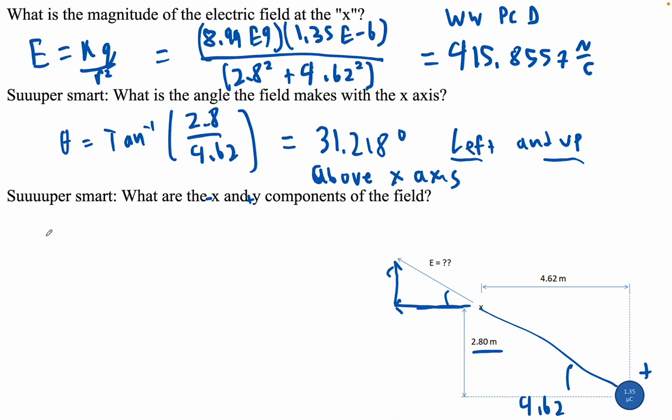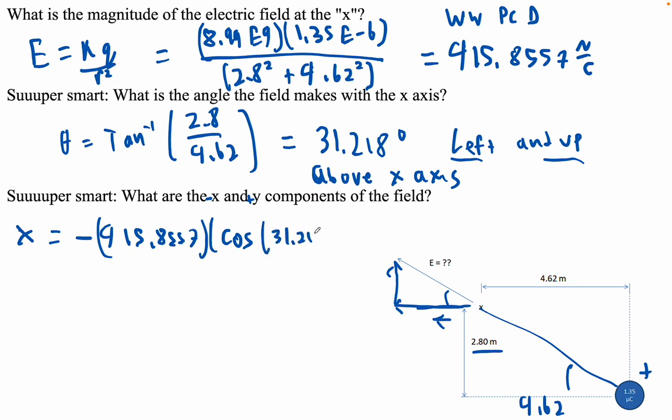So our x component is going to be, and I'm just throwing a minus sign on there because this guy is to the left, negative 415.8557 times cos. And the only place that minus sign comes from is the fact that I know this has to go left. And it's cosine of 31.218.